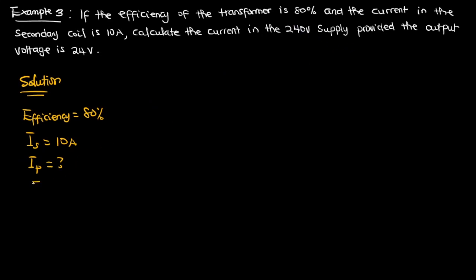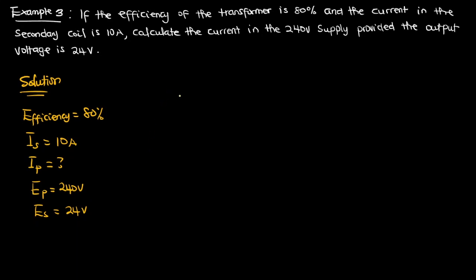Supply means what? EP is 240 volts, if the output, which is ES, is 24 volts. Are we okay? All right. So if you look at this, we have a primary voltage of 240 and a secondary voltage of 24, so obviously this is a step down transformer.